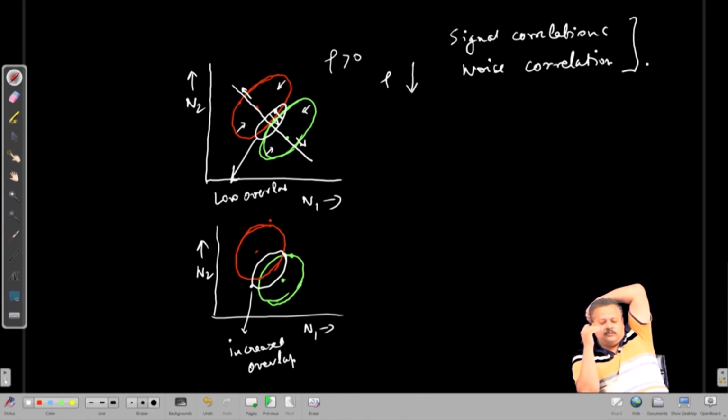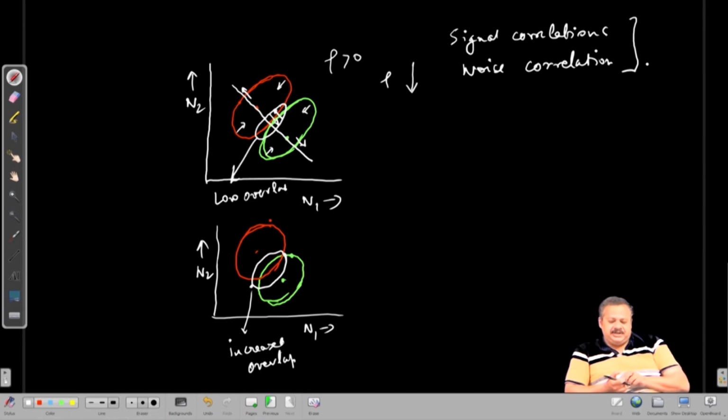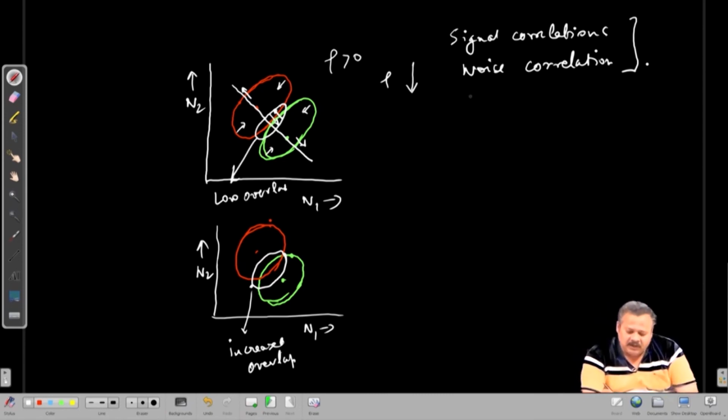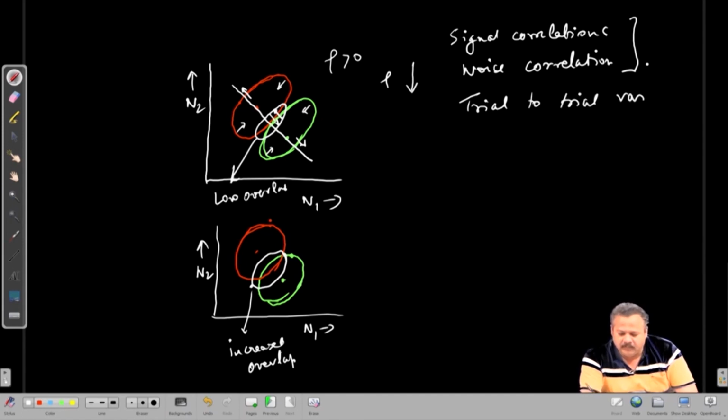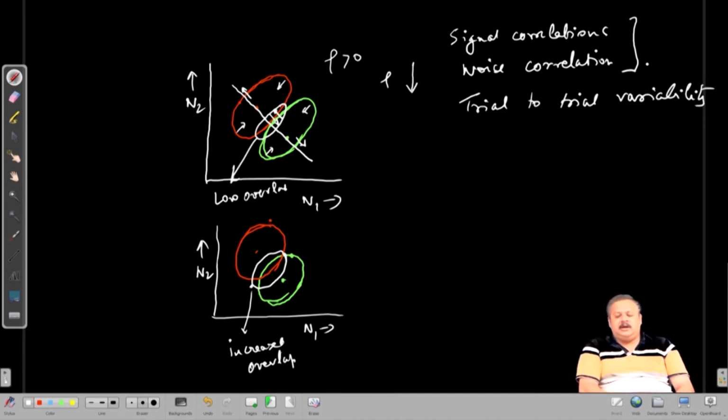So what we learn here is that even with pairs of neurons, based on the simultaneous changes in responses of the pairs of neurons trial to trial, we are now considering the trial to trial variability. This trial to trial variability can profoundly affect the decodability.